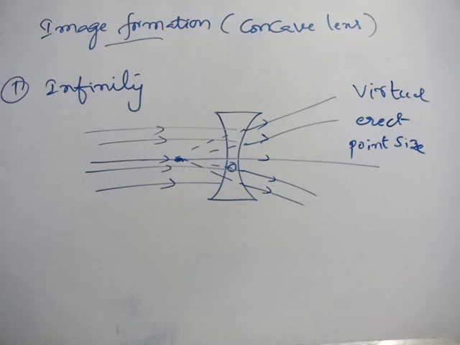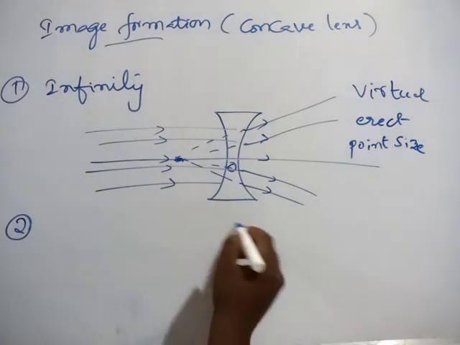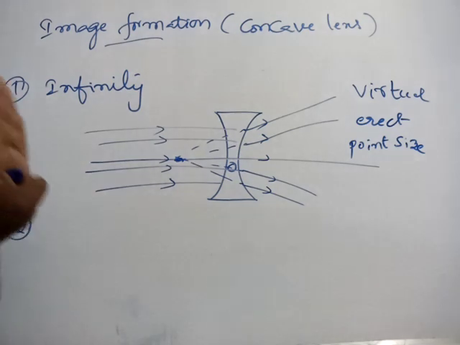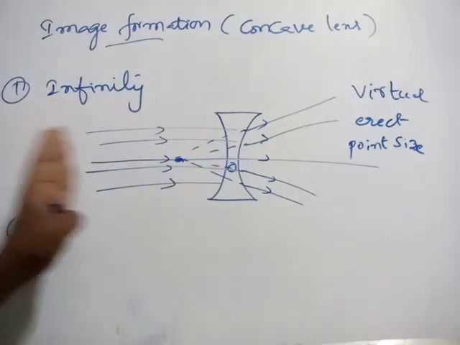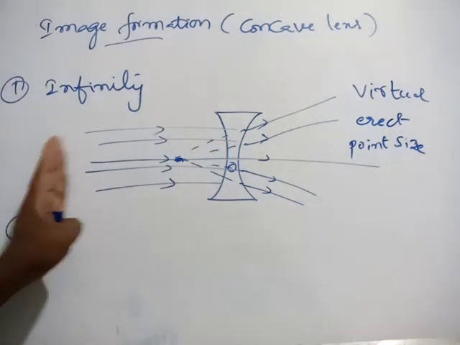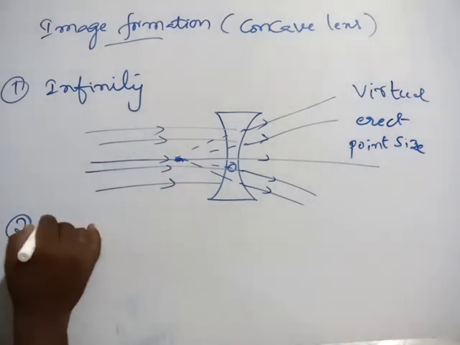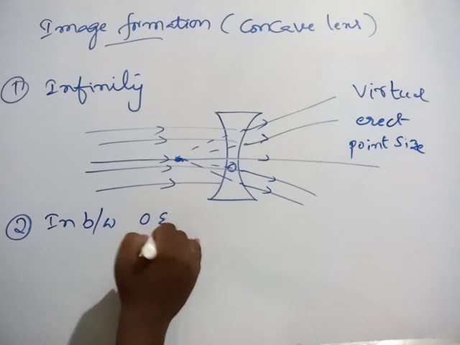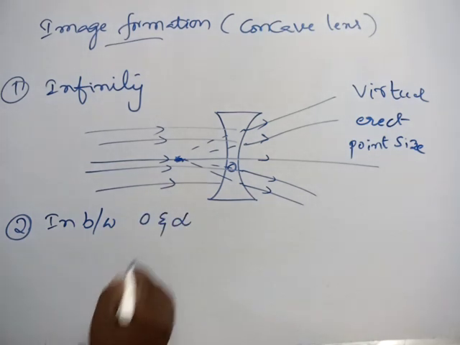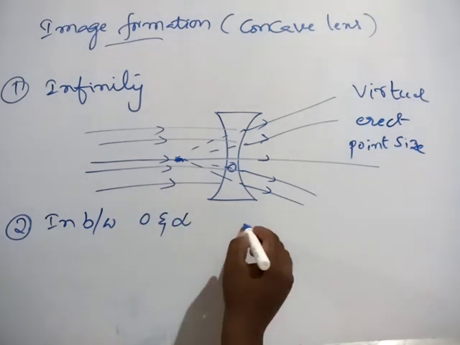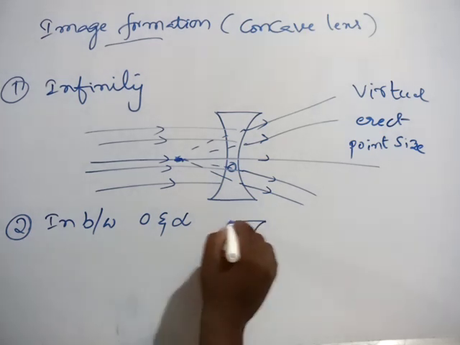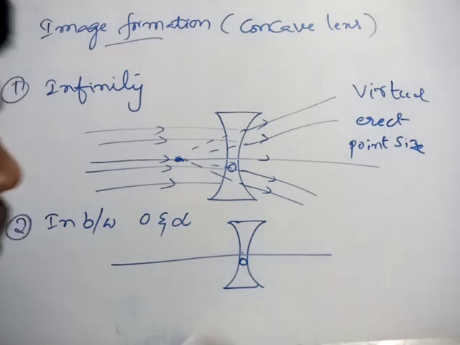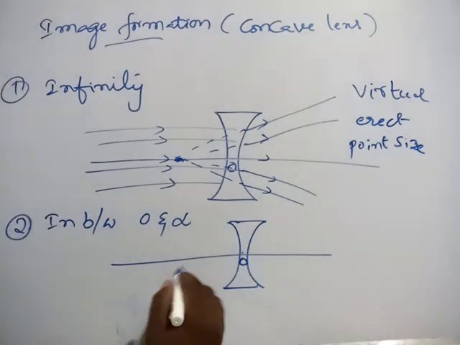Now the second case. Where will the object be? In between infinity and optic center. Anywhere we can place it in between infinity and optic center. Here O is the optic center, and this is the principal axis.